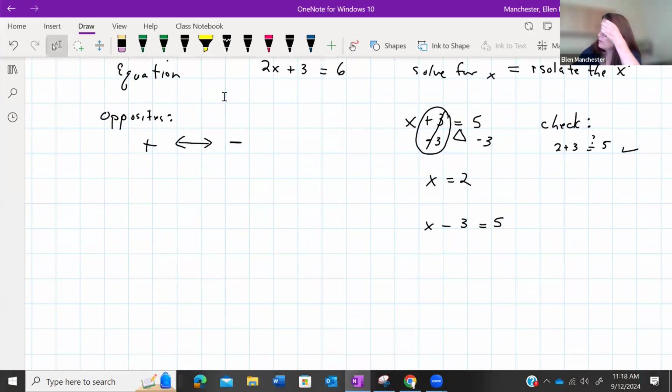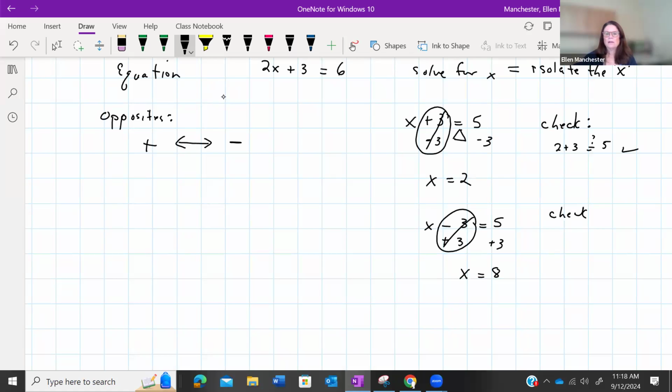So how do you get rid of a -3? You add 3, good. Again, this cancels to 0. So I have x equals 8. Check. 8 minus 3, does that equal 5? Yes, it does. So I know I did it correct.